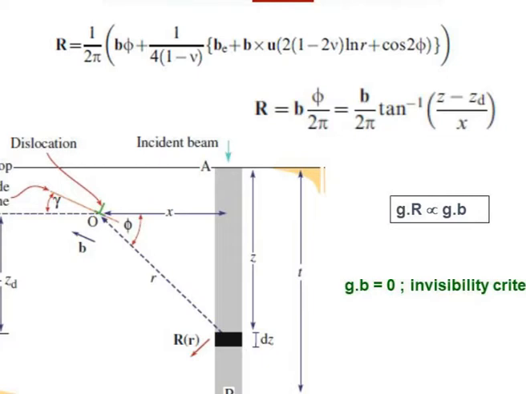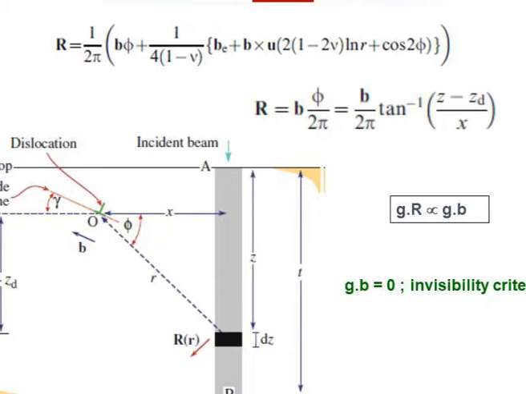The same thing we can do for a screw dislocation, where that R will turn out to be this one. This is essentially symmetric around the line direction. Then in this vector, when we write g dot R, this is b into a factor.